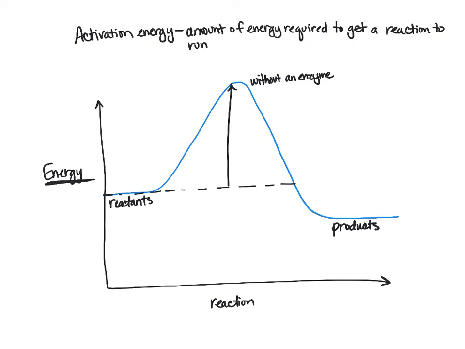Now, if we add an enzyme, we start off with reactants here, but then what it does is it actually decreases or lowers the activation energy. So instead, with an enzyme, we would see something like this. So this is with an enzyme.